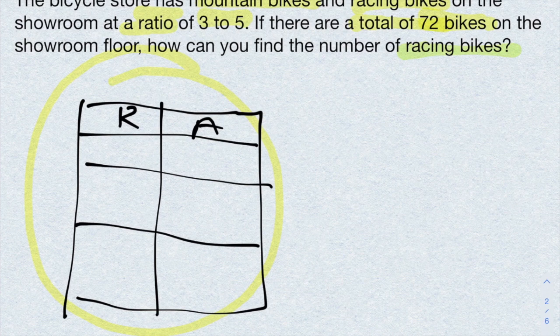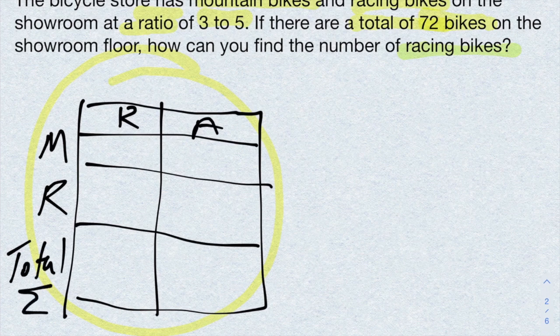Okay, so the first thing I need to do is set up my ratio box. So I know I have mountain bikes and racing bikes, and then my total. And a symbol you can use in math for total is that little symbol that looks like an E. That's kind of weird. So you're welcome to write that as well.